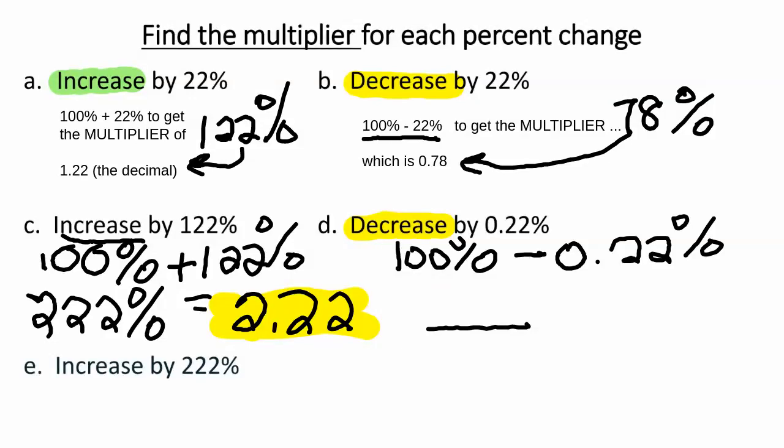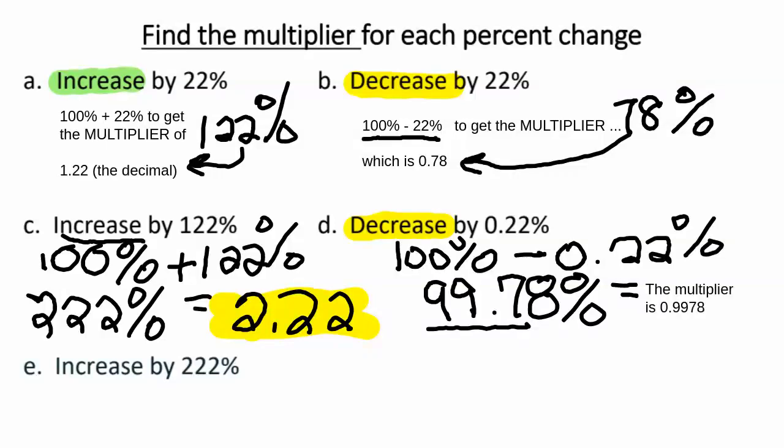Now, this is going to give me 99.78%. But my multiplier is, okay, the multiplier is 0.9978.